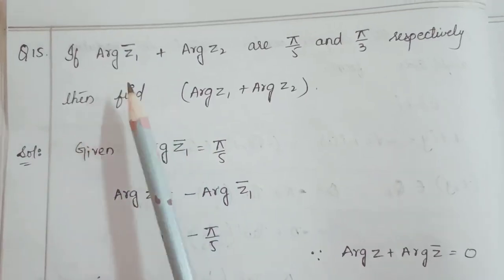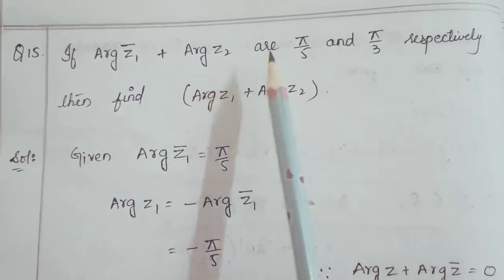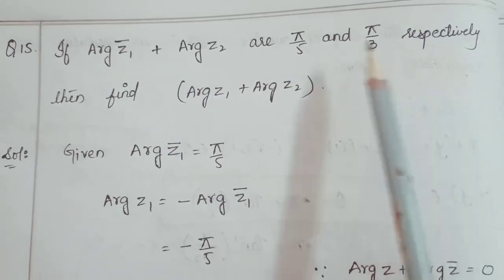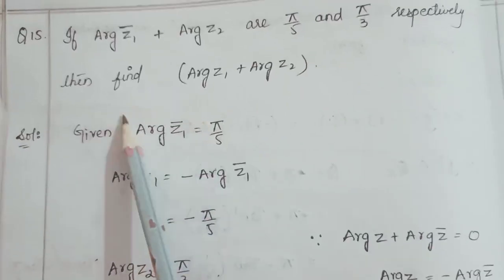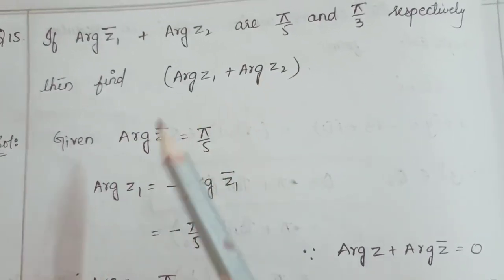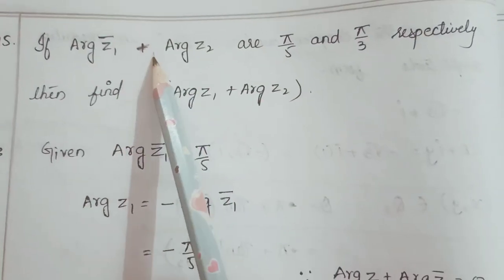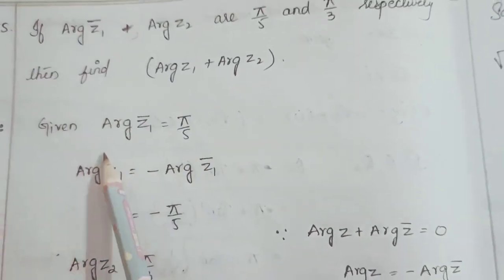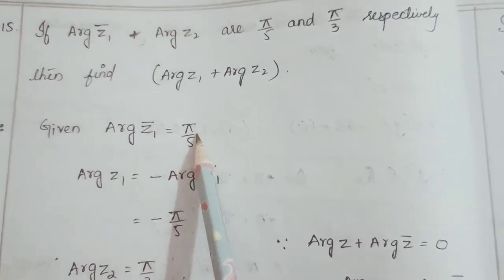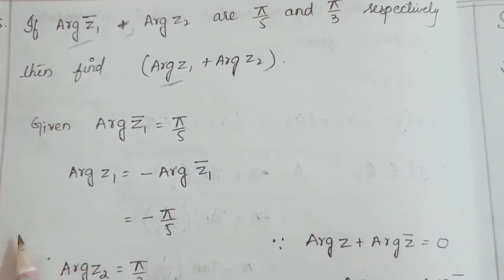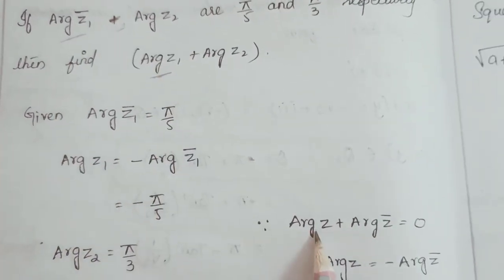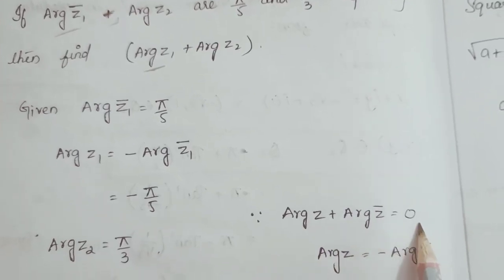Question number 15. If arg z1 bar and arg z2 are pi by 5 and pi by 3 respectively, then find arg z1 plus arg z2. Now given arg z1 bar is equal to pi by 5, we want arg z1. We know one formula: arg z plus arg z bar is equal to 0.